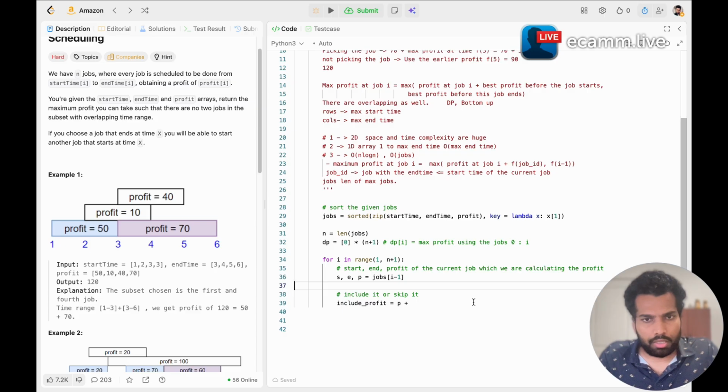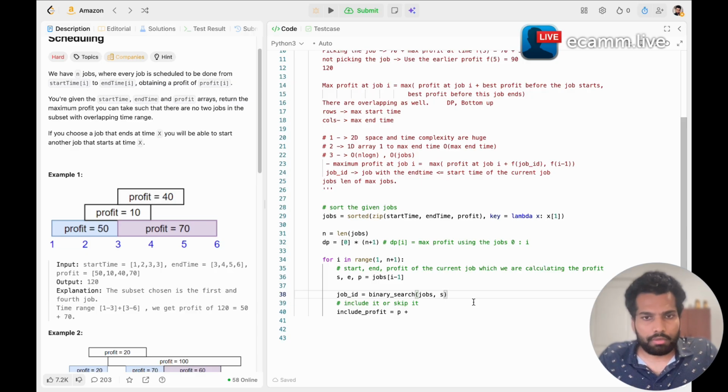So let's put it here. So job_id is equal to binary_search. For this we need the jobs, and the target, the start time is the target.